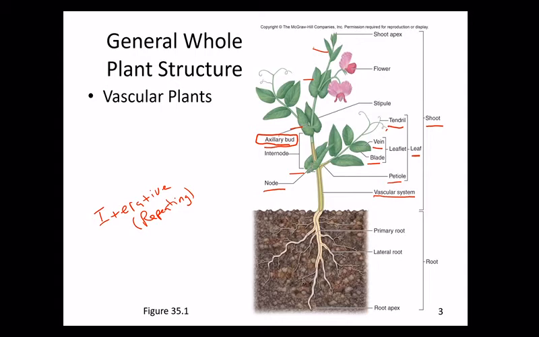The last 2 portions that I want to talk about, first, is the flower, or we could call it the reproductive portion. In this case, we're actually looking at a flowering plant. We'll talk about that difference in a second.